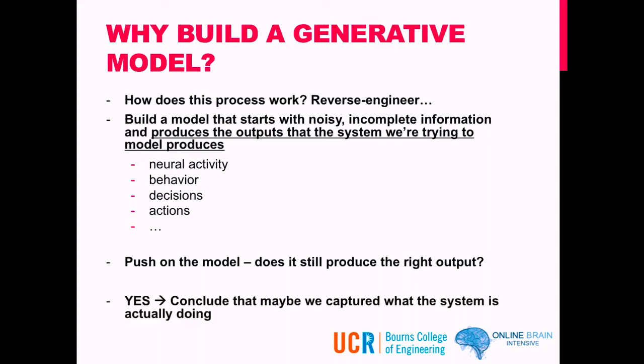If the outputs from this model match the outputs of the system that you're trying to reverse engineer, then you can say that you've probably done a pretty good job at describing how the system is producing those outputs, how it's using the information that it has access to. So now we have a model that can be used to predict how the system is using information in order to produce perceptual decisions and other outputs like uncertainty computations that go along with those decisions.